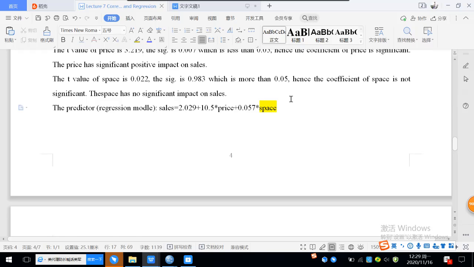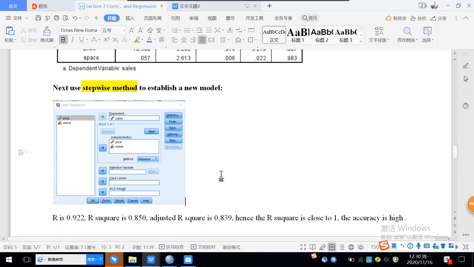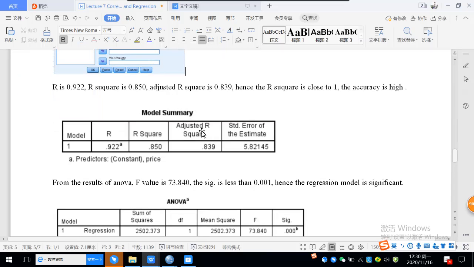Okay, so now we will use the stepwise method to establish a new model. Here for the method, please choose stepwise. Okay, and then here we have the results.